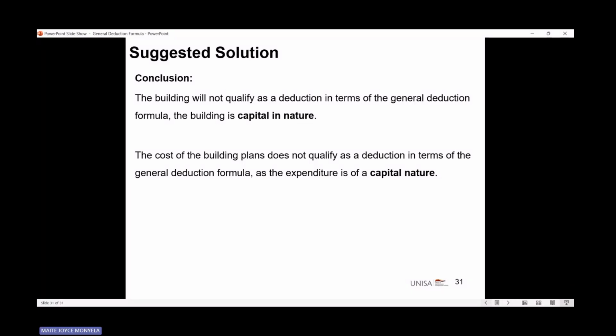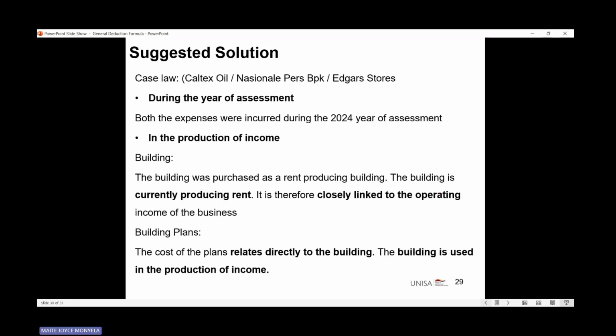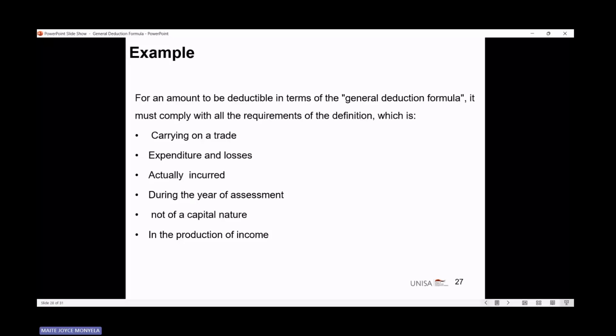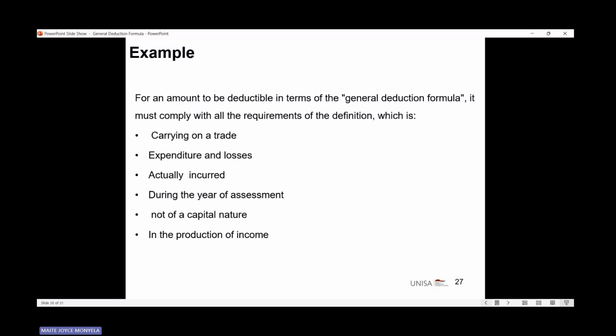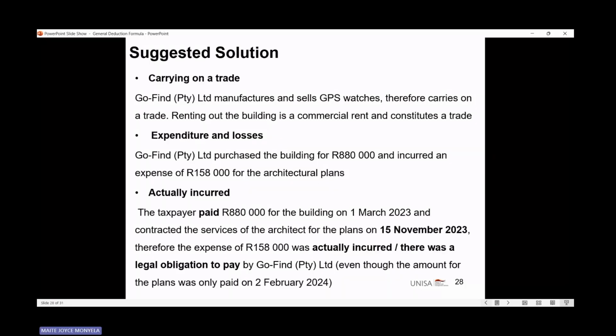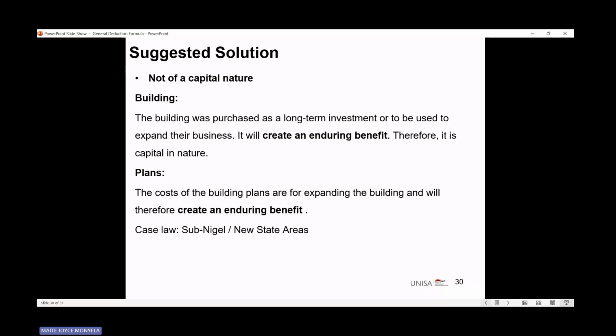Remember, the question was asking us if the building expenses qualify for deduction in terms of section 11A. So we have the introduction, we have the application where we test each requirement, and after testing, we come to the conclusion.